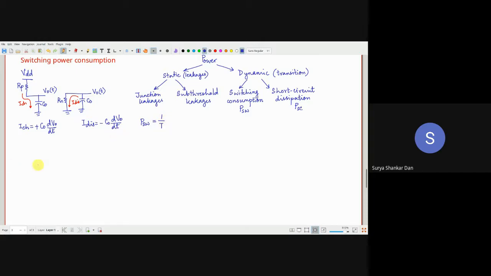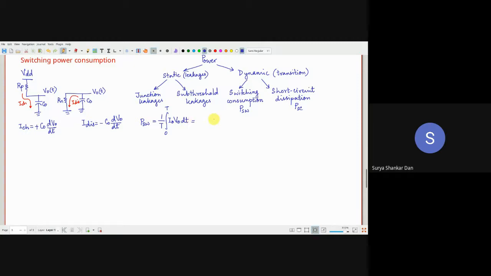Notice that whenever we are speaking about a power, okay, so power will essentially be the total energy spent per unit time, right? So we will essentially do the average over 1 upon T, 0 to capital T, that is the whole period, time period, IO into VO dt.